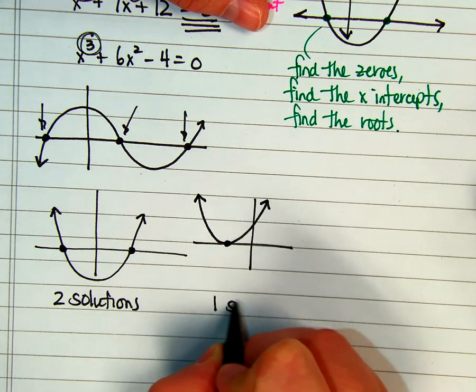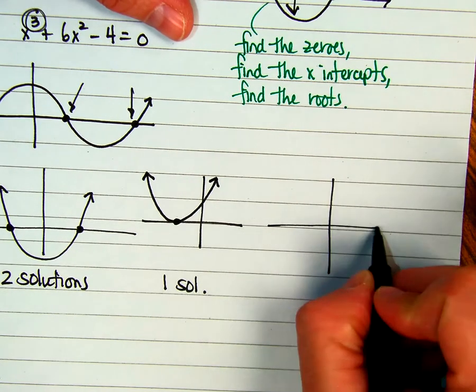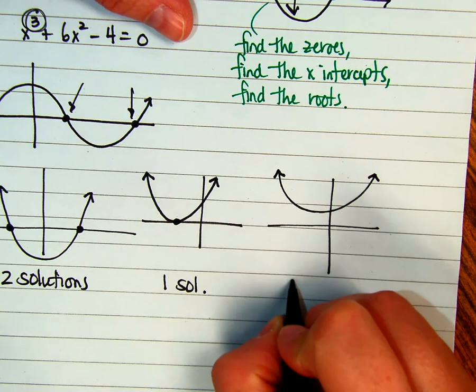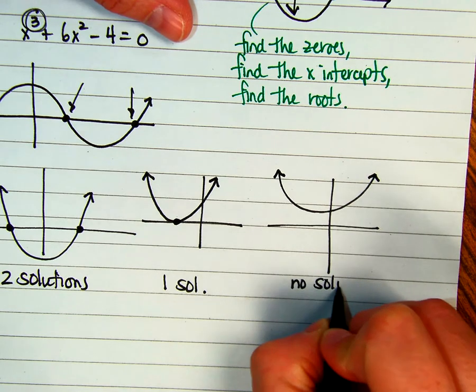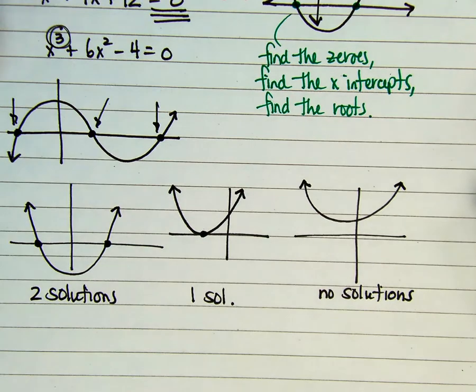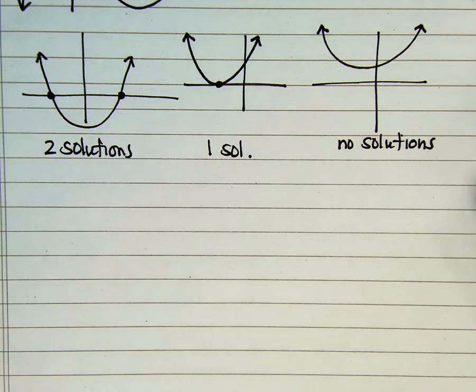Or we could have it where the parabola doesn't touch it. So this would be no solutions. And we'll talk more about those when we get into the graphing of quadratics. But this is why we solve by factoring.